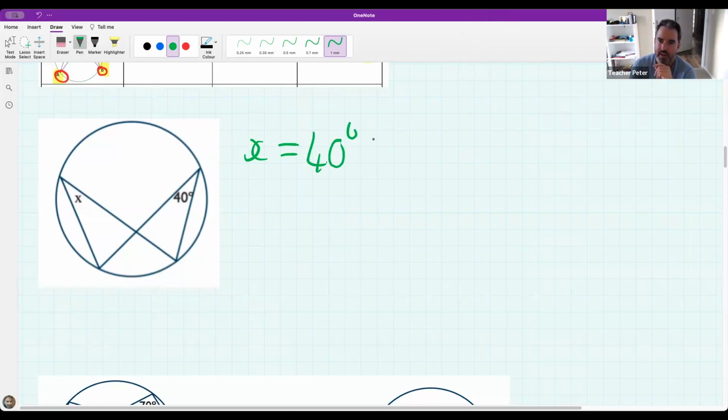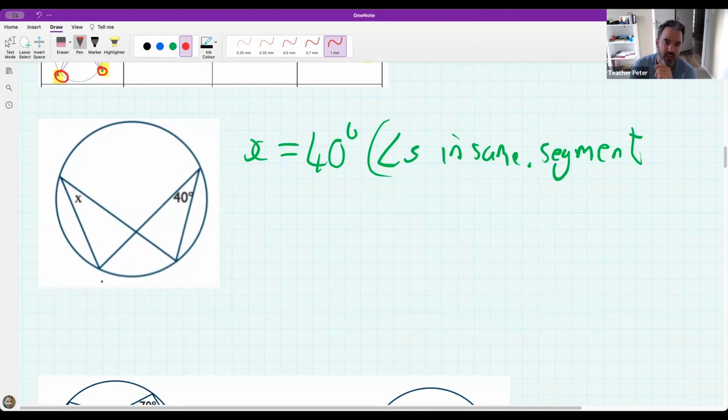Okay, indeed. X is 40 degrees, and the reason is going to be angles in the same segment. To show you how this works, the arc that is important is this arc here, or you could say the chord that's important is here. That is where you start making your angles. You can see that that one is 40, and this one is based at the same place.